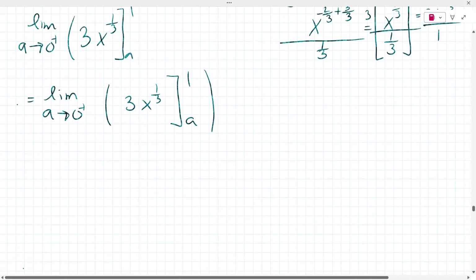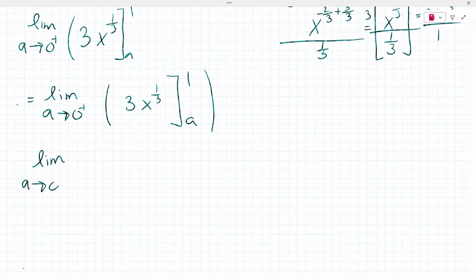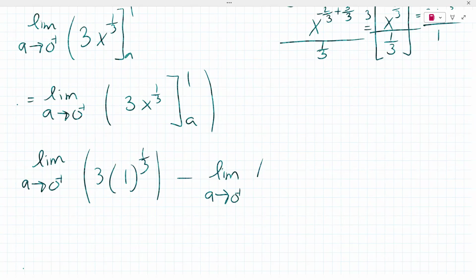So you're going to say the limit as a approaches 0 to the right of 3 times 1 raised to the 1/3, minus the limit as a approaches 0 to the right of 3 times a to the 1/3.